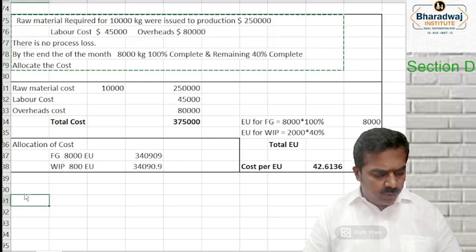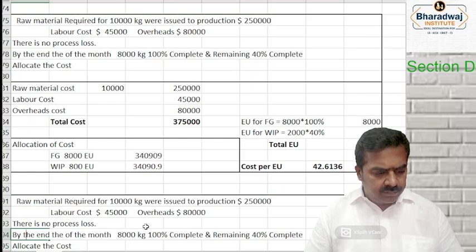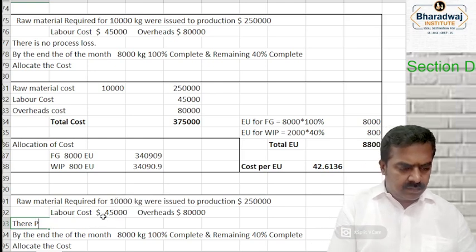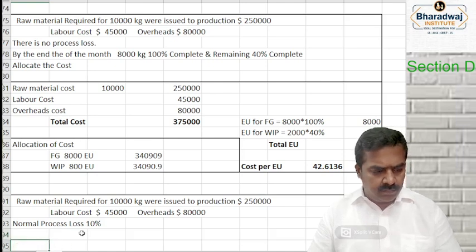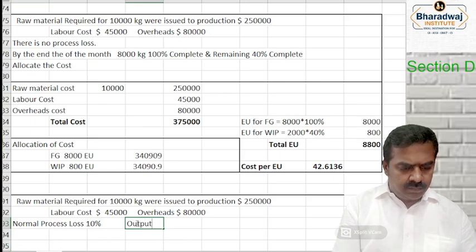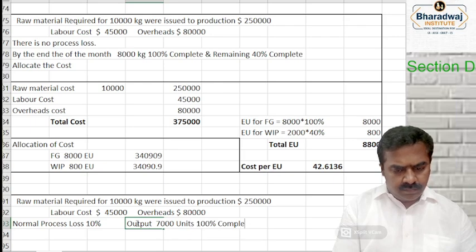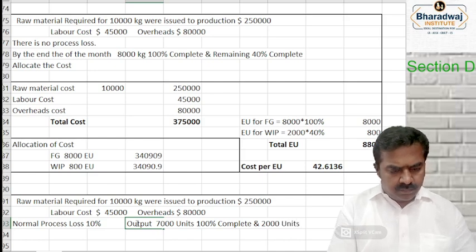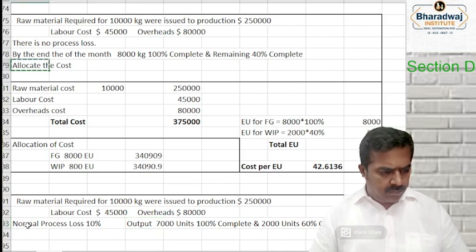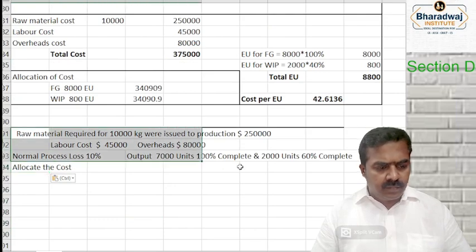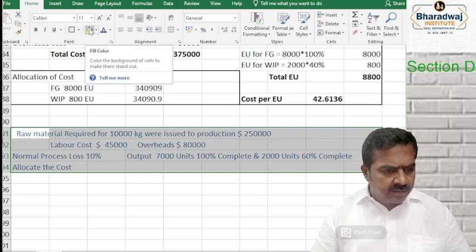Let me take up the same data, but slightly different.